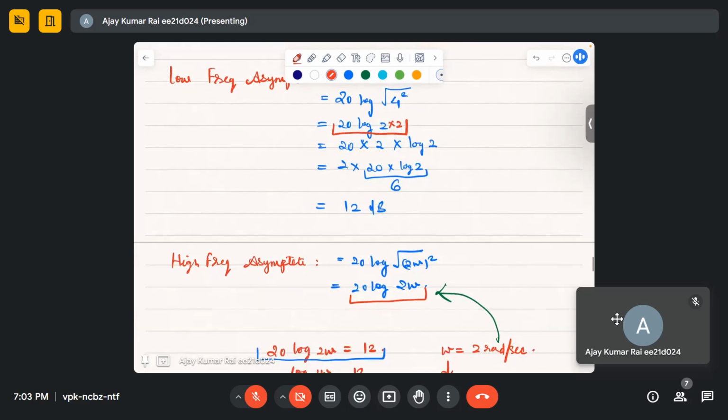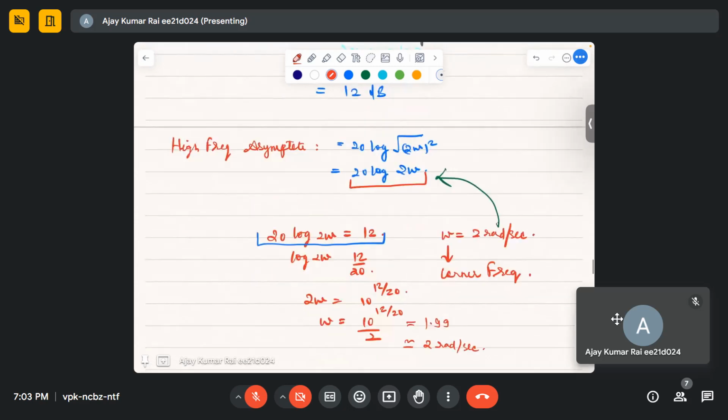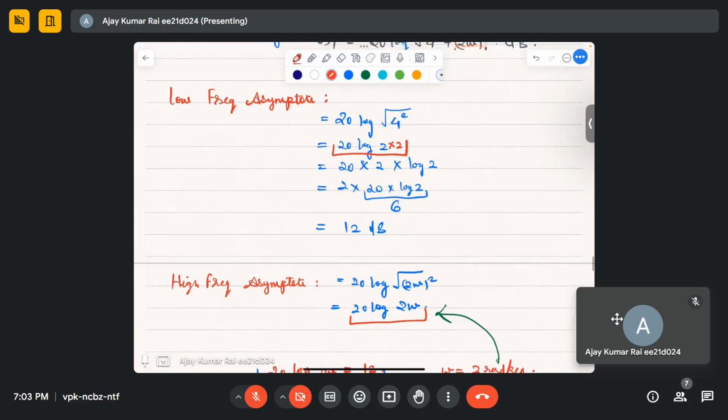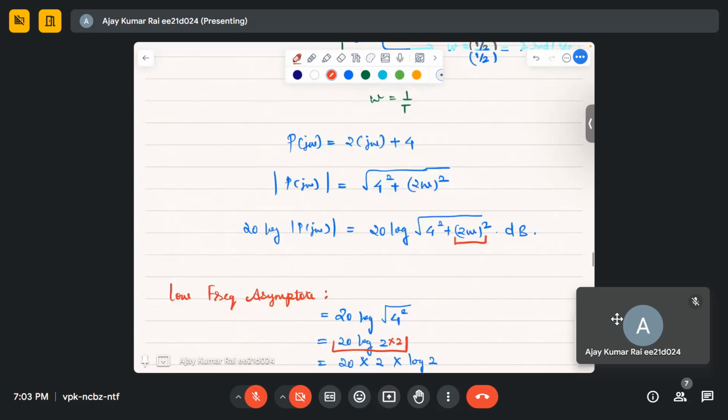We are seeing that at omega equal to 2 radian per second we'll get 12 dB. So that is the corner frequency. So any doubt in this case?